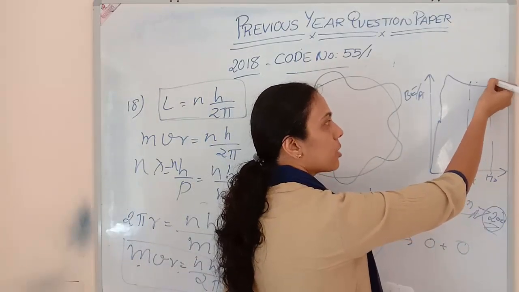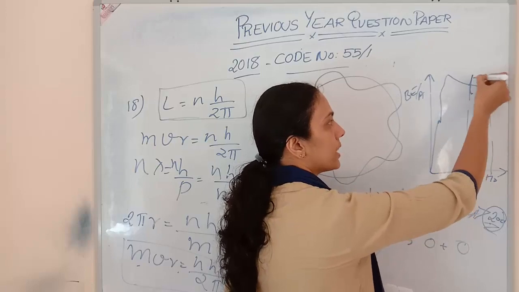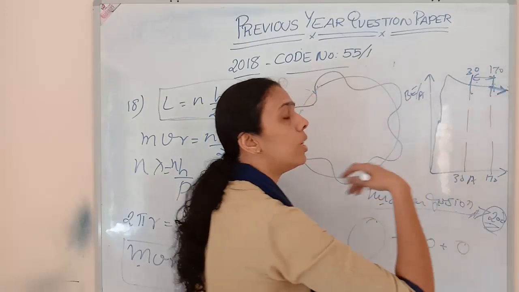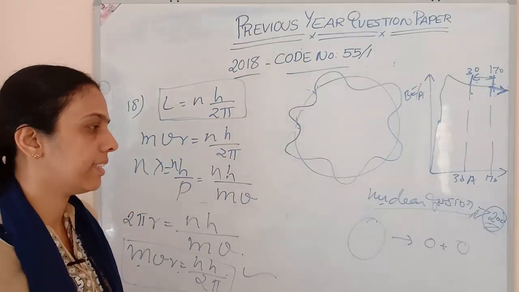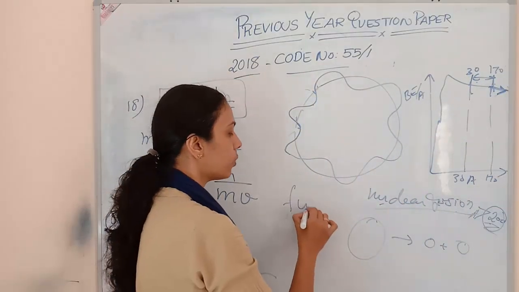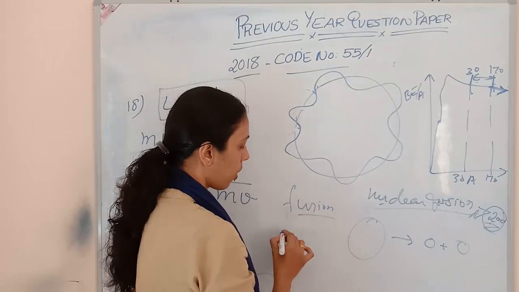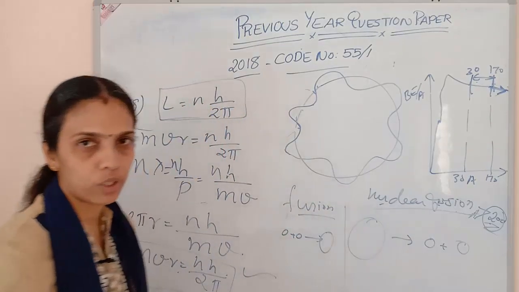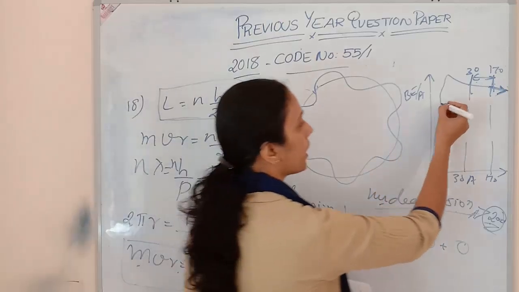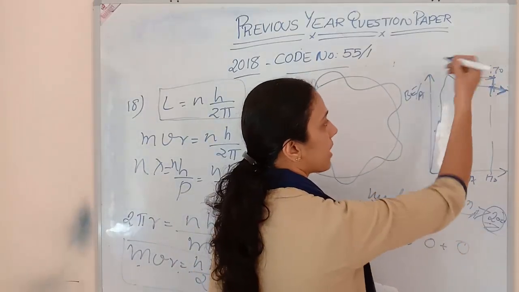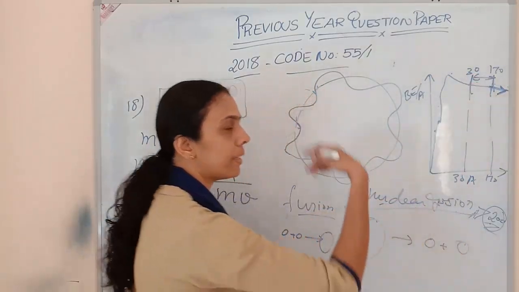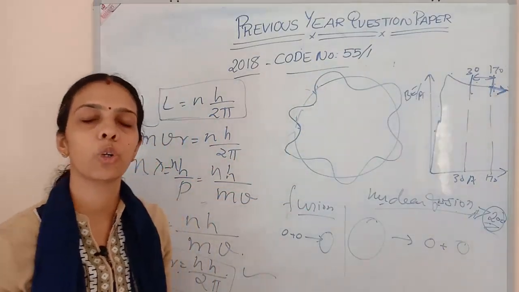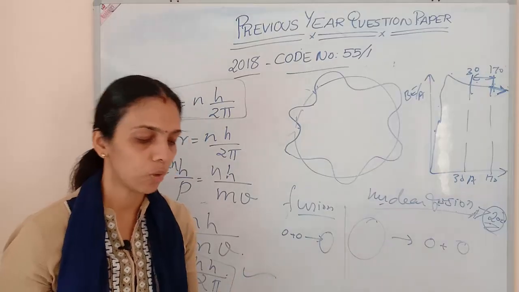It splits into nuclei having mass number between 30 and 170, so a large amount of energy will be released. But in nuclear fusion, smaller nuclei fuse together and convert into bigger nuclei, so the binding energy increases, and a large amount of energy will be released.